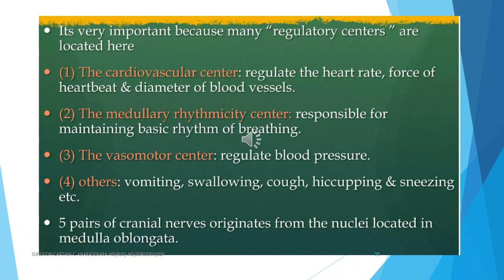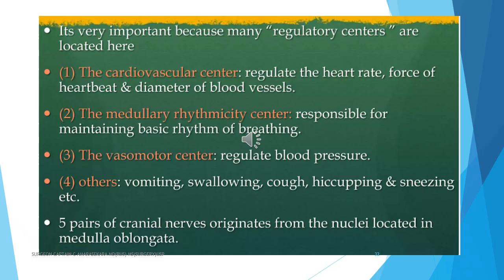So, beyond its role as a conduit for motor and sensory tracts, the medulla oblongata houses several critical regulatory centers that sustain life and coordinate involuntary functions. What are those? The cardiovascular center and the medullary rhythmicity center, which controls the basic rhythm of breathing.